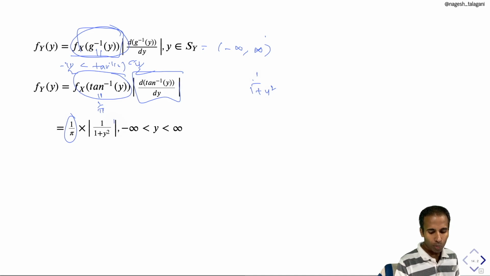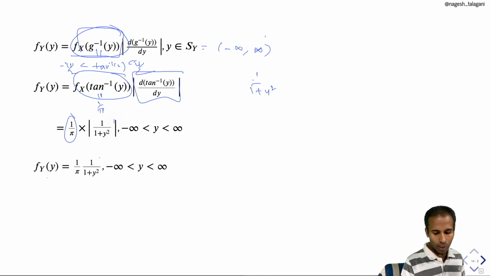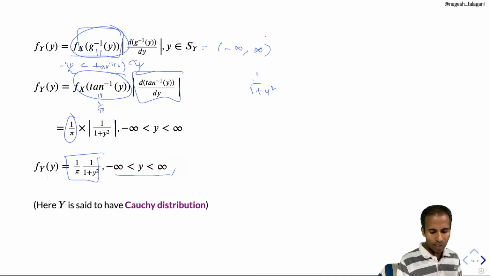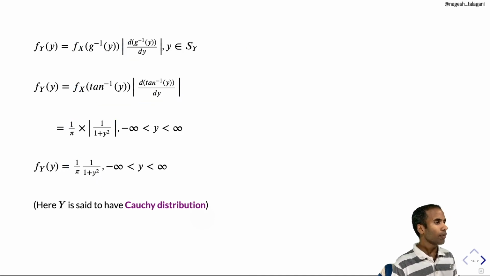You don't have to put the modulus because 1 plus y square is anyway non-negative. So now f_Y(y) equals 1 by pi times 1 by 1 plus y square for minus infinity less than y less than infinity. Here Y is said to have a Cauchy distribution.